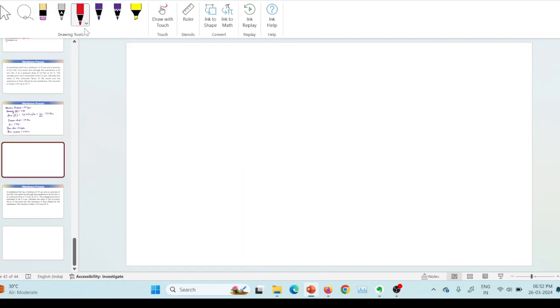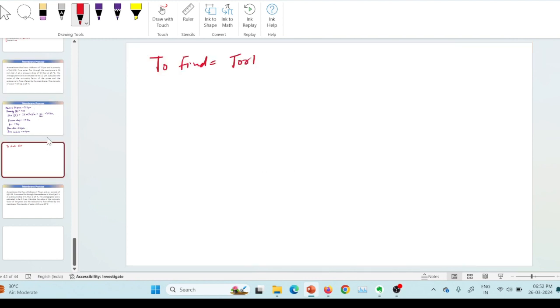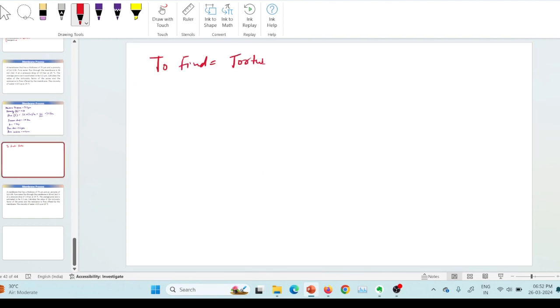We need to find tortuosity, that is tau, and Rm. We need to find these two values. Thickness was how much? 75.